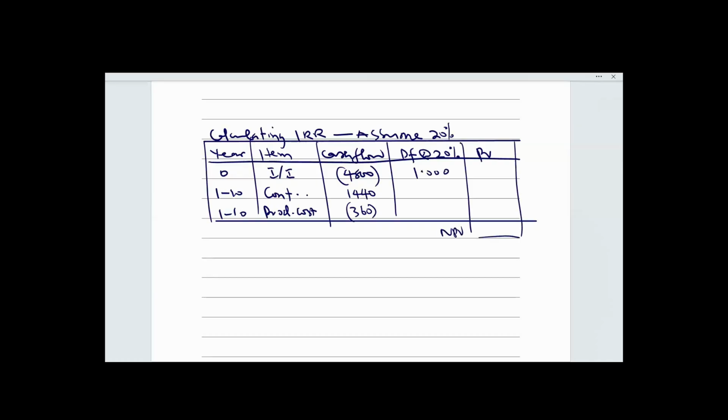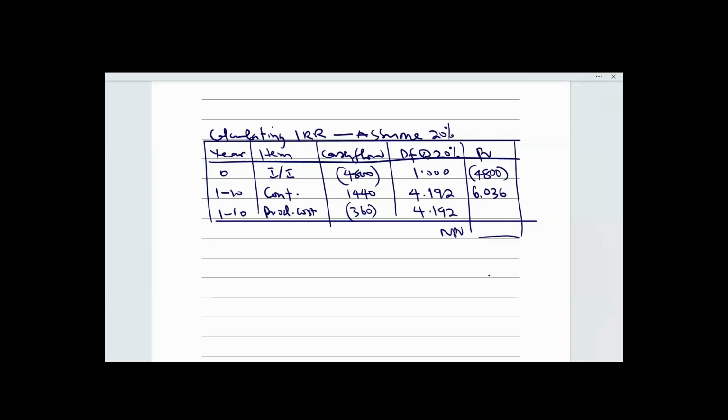So somebody should give me an annuity factor of year 1 to 10 at 20%. 4.192. So give me the present value. 6,036.